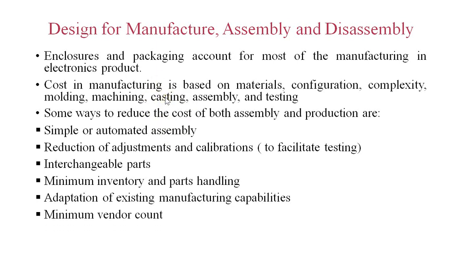Then you have to use a minimum vendor count. To reduce the cost, if your vendor count is less, your ultimate cost will be minimized. Then you also have to use modular construction, which also minimizes the manufacturing cost. If you use modular construction and disassembly is required, then you can easily disassemble the modules one by one. So modular construction is also important.